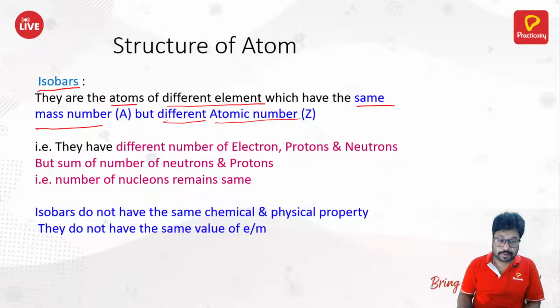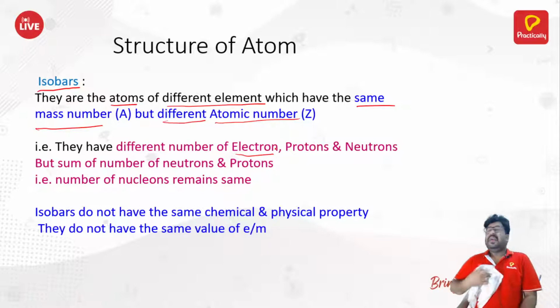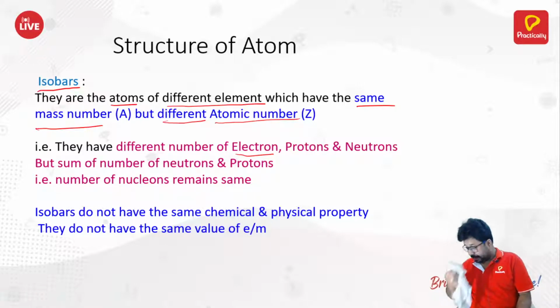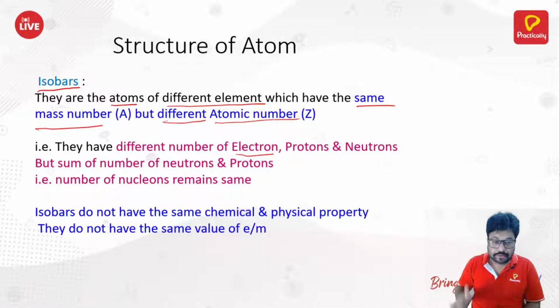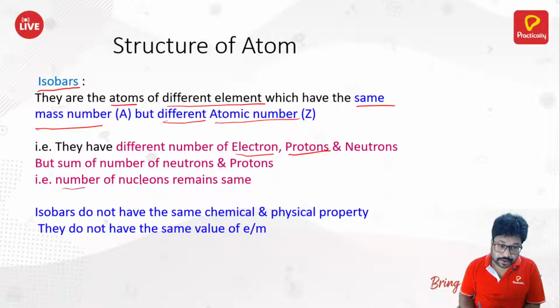If they have a different number of protons, obviously they will have a different number of electrons also. They will also have a different number of protons, and it may be neutrons. We need to check that. Okay, but the number of nucleons is the same.